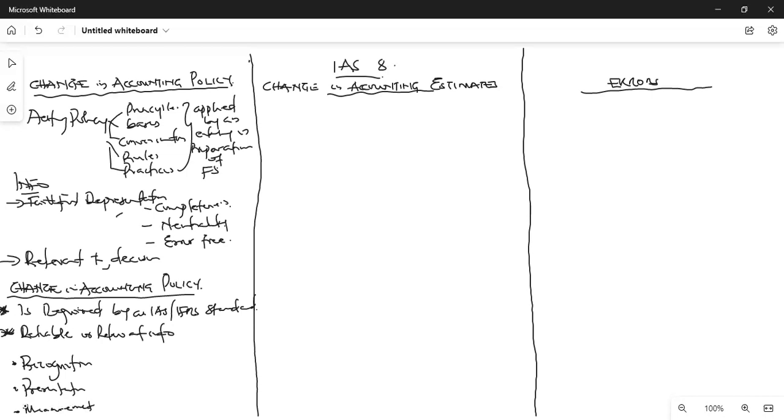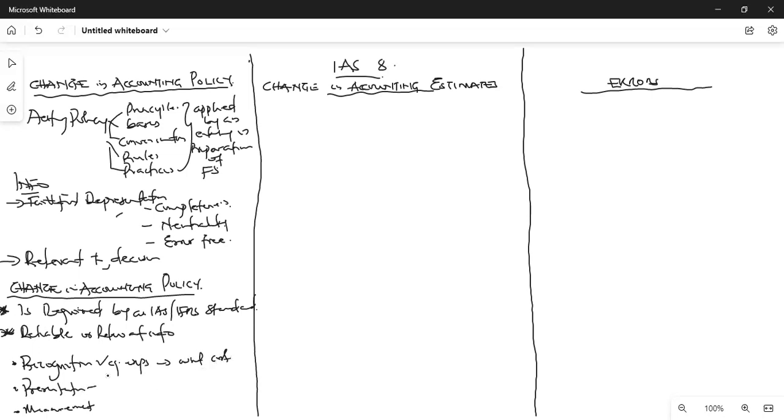So we say that a change actually occurs when there is a change in the recognition. All right. So change in accounting policy is when there is a change in recognition. Example, like I said, from expense to part of an asset cost. All right.